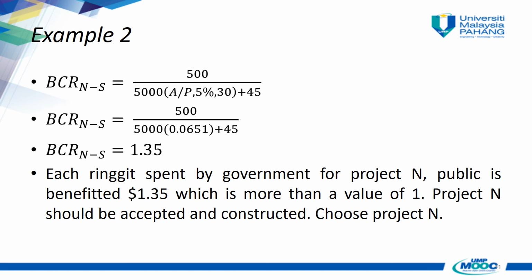After we got the cash flow diagram, we construct our BCR based on N minus S. So in our calculation here we have 500 divided by 5000 multiplied by finding A when you knew the P, at 5% for 30 years. Why this? Because we calculate this based on per annum calculation. So all future values and all P values, we need to change to per annum.